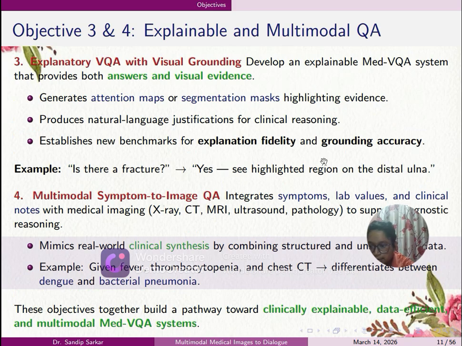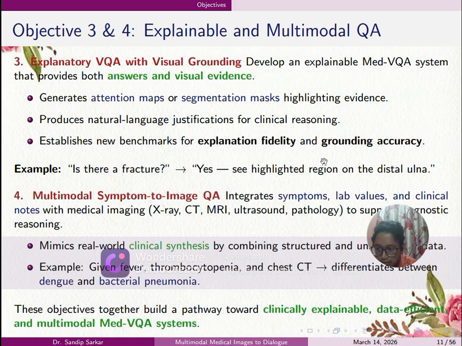Our last objective is symptoms to image QA. It expands the reasoning QA by using multiple clinical data sources rather than relying solely on images.